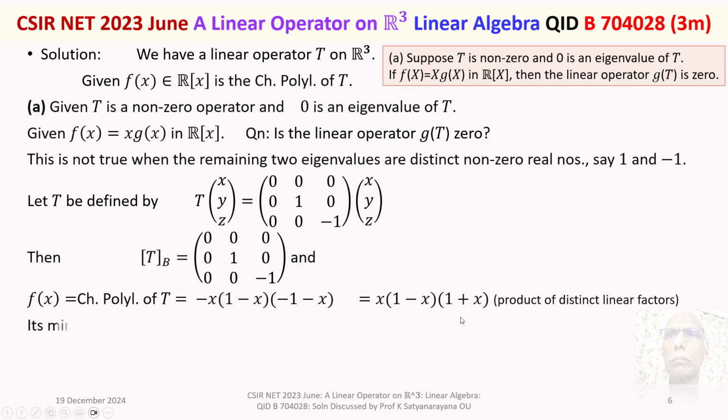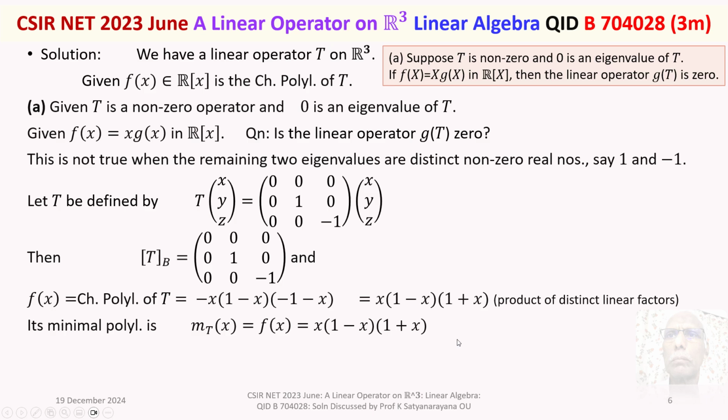Its minimal polynomial, m_T of x, is the characteristic polynomial itself, that is f of x, because the minimal polynomial of T will have the same eigenvalues, but it will be the product of distinct linear factors like this. Because f of x is the product of distinct linear factors, the minimal polynomial is the characteristic polynomial itself, and therefore that is x into 1 minus x into 1 plus x.